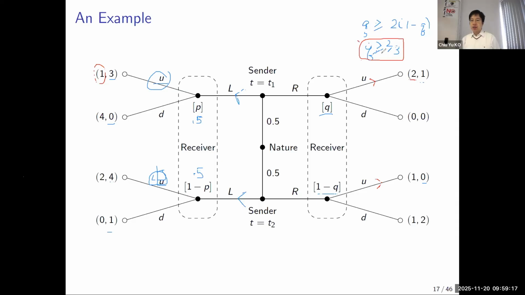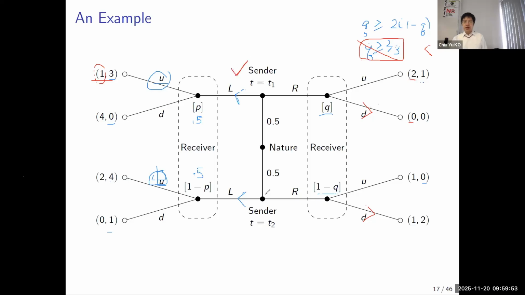So this subcase is gone. So we focus on the case where Q is less than 2/3. In that case, it's not U, but actually D is being chosen. Under this subcase, type 1 sender gets 1 again. But if he sends R instead, he would be treated as D, which is 0. Compare 1 and 0, then this is okay.